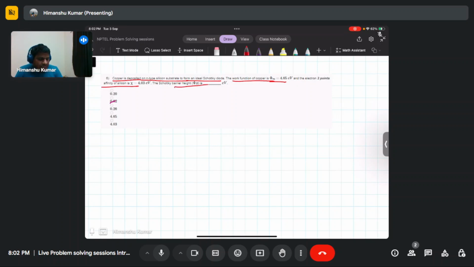The Schottky barrier height is given as the work function of the metal minus the electron affinity of the semiconductor, so 4.65 minus 4.03 becomes 0.62 electron volt. This is the second option, the correct answer, and this was a fairly straightforward problem if you understood the concept properly.